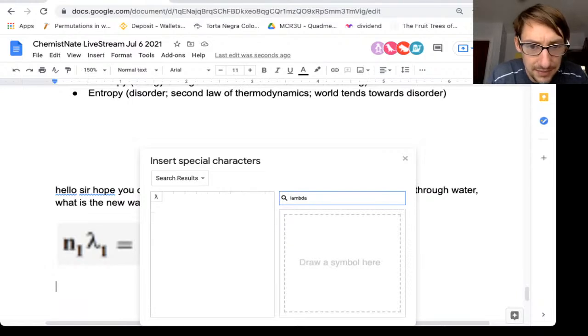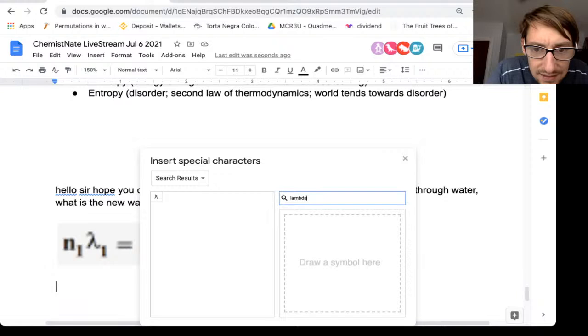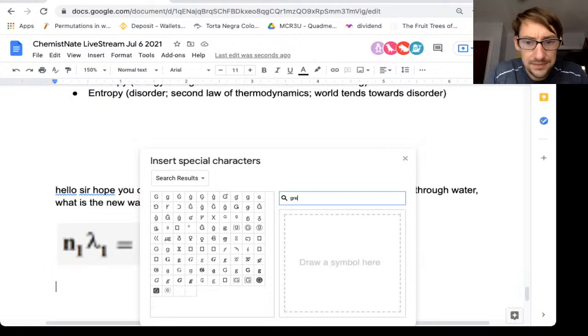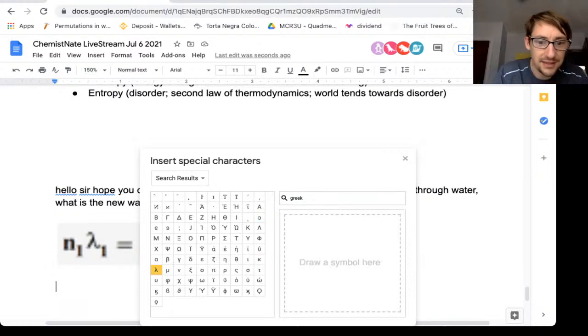Let me go get a lambda. Oh, there it is.